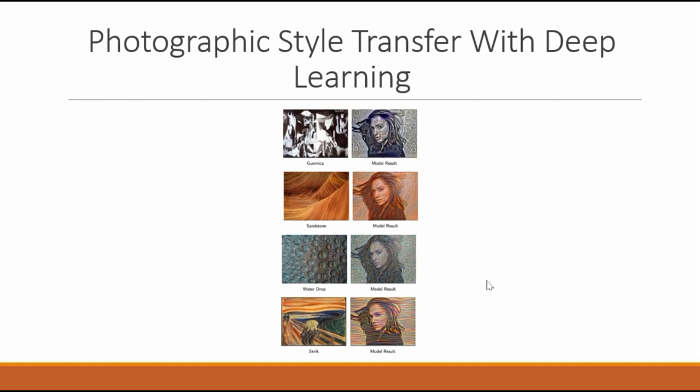So here is an example mixing artistic inputs, paintings or photographs, with portrait photo models. The output is shown on the right, as you can see, a portrait of a person mixed with different styles. These are the styles, and the portrait is mixed with those styles. So this would be an example of style transfer.